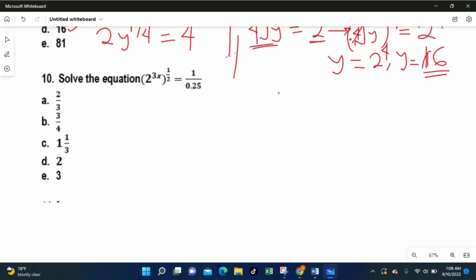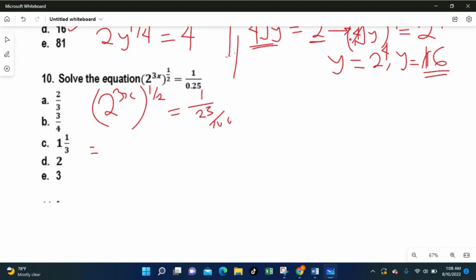If you are given this question, the first thing you should do is to convert that decimal to a fraction. So we'll have 2 raised to power 3x, raised to power 1 over 2, equal to 25 over 100, which is the fraction.